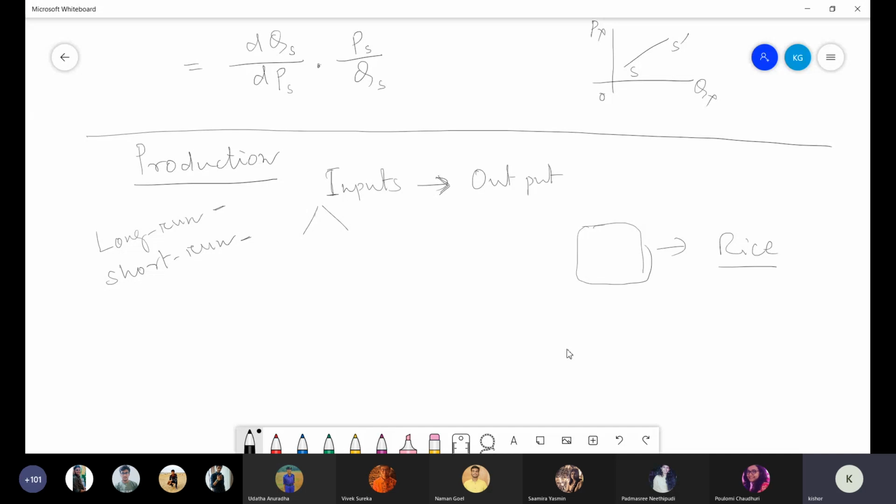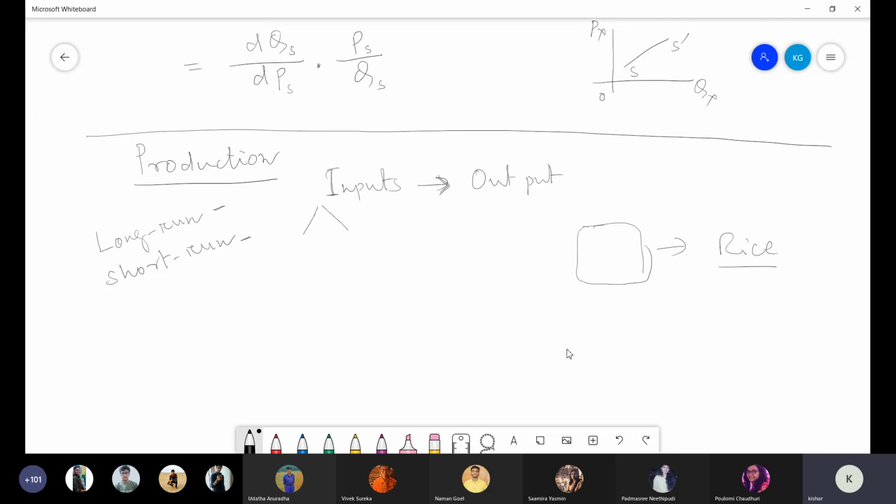Now, here, different inputs: the piece of land itself is an input. Land is an input. Here, I am using labor, maybe hired labor service, maybe my own labor, whatever it is, human labor, that may be an input. Here, I might be using high yielding varieties. That may be an input. I might be using animal labor like bullock for plowing of land and other things. That is an input. Partially, I might even be using a tractor or some machine labor.